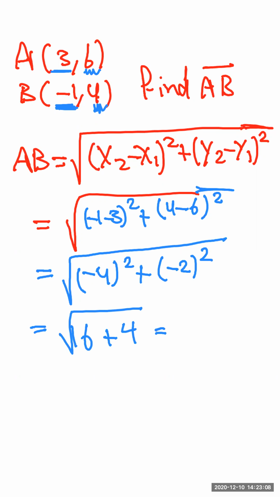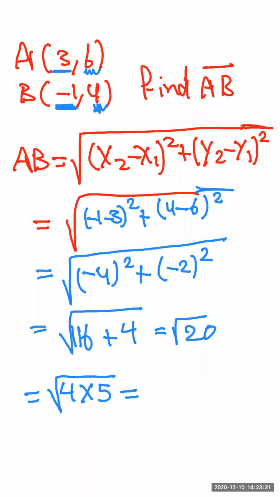So it will equal the square root of 20. The square root of 20 actually equals the square root of 4 times 5. So the 4 comes outside the square root as 2, then the square root of 5, then length unit.